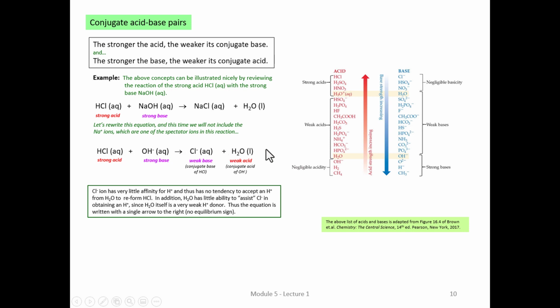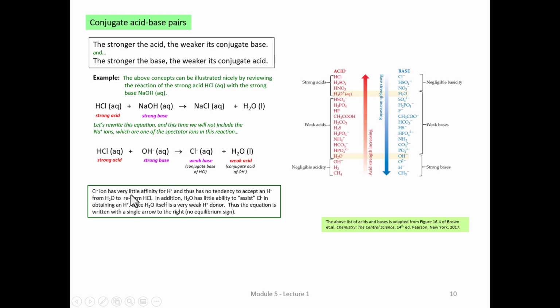One way you can think about this is, suppose chloride decided that it did want to go back to the form HCl, meaning the reaction would be reversed. So chloride would have to abstract an H plus from water to reform HCl, and the water would then form hydroxide. Now this has very little tendency to occur. That's why there's no equilibrium sign here.